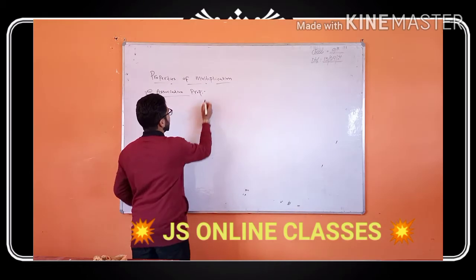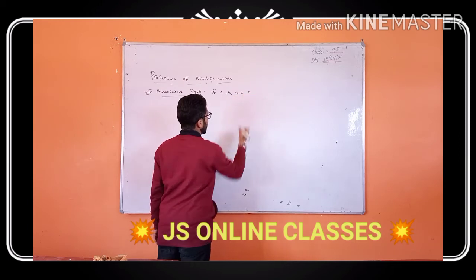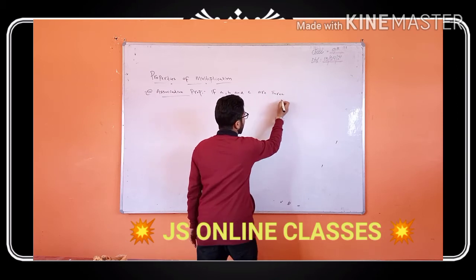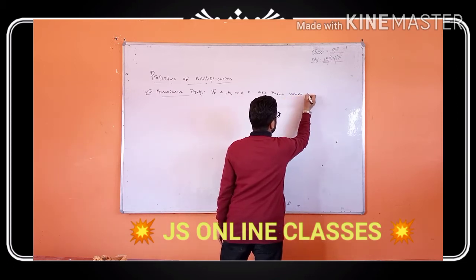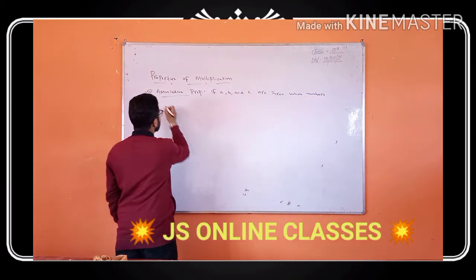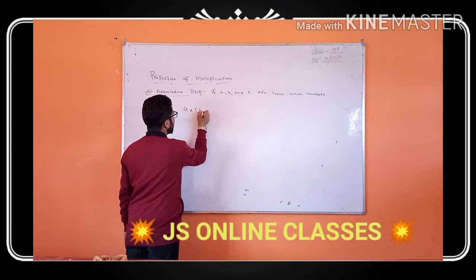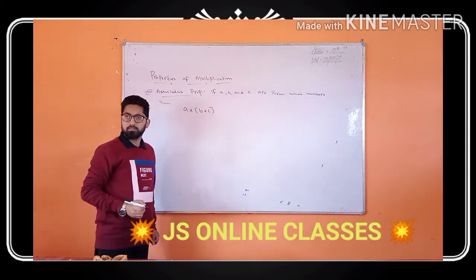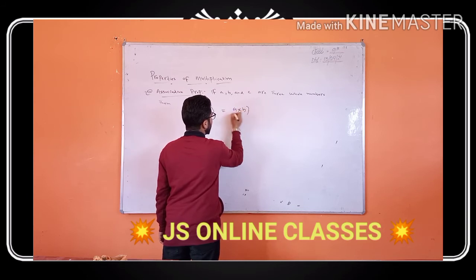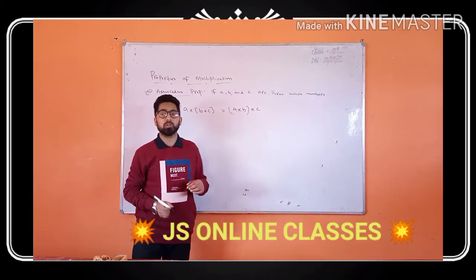Here it states that if A, B and C are three whole numbers, then (A into B) into C equals A into (B into C). This property is also called a grouping property.